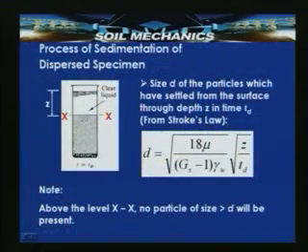As shown here, at level xx, which is z units from the top surface, the size d of the particles which have settled from the surface through the depth z in time Td is given by Stokes law as d is equal to root over 18 mu by Gs minus 1 gamma W, into root over z by Td. Here z is the depth at which we are measuring, and Td is the time at which we are measuring the particle size d.